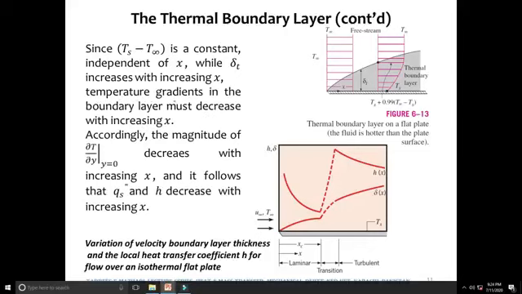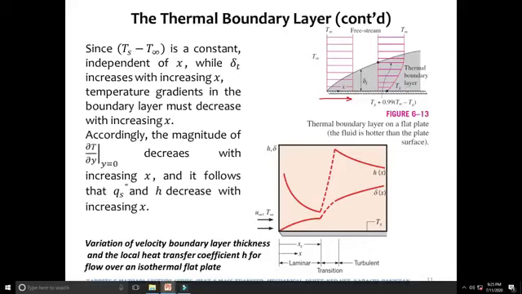The temperature gradients in the boundary layer must decrease with increasing x, meaning that when we move along the length of the plate, the temperature gradient decreases, so compare the temperature gradient at this x versus the temperature gradient at this x.